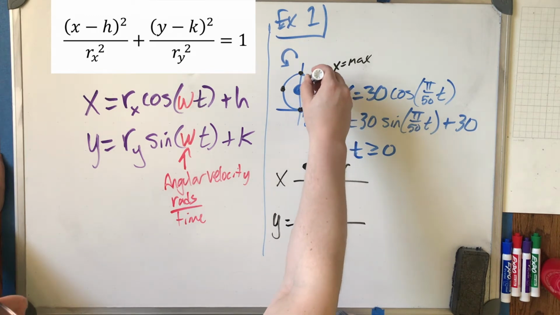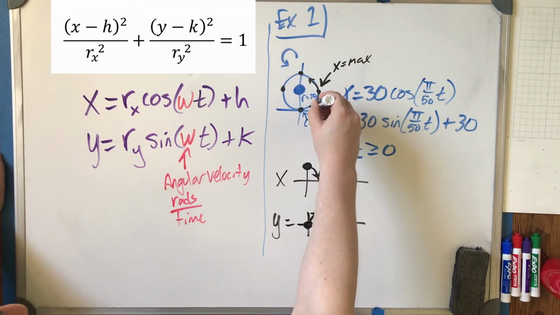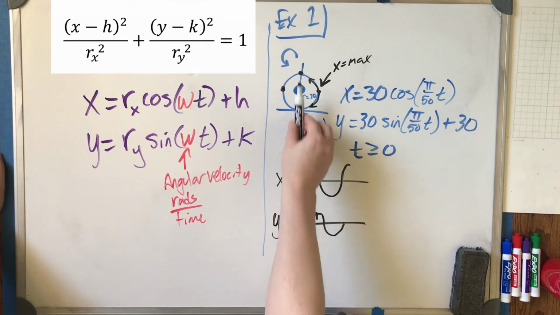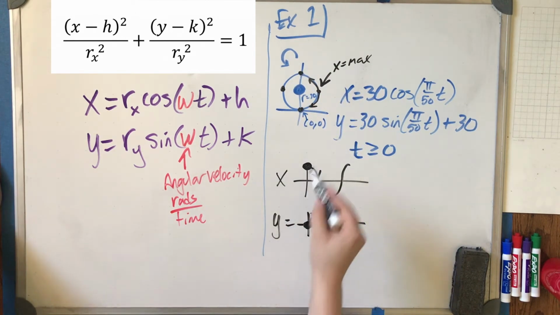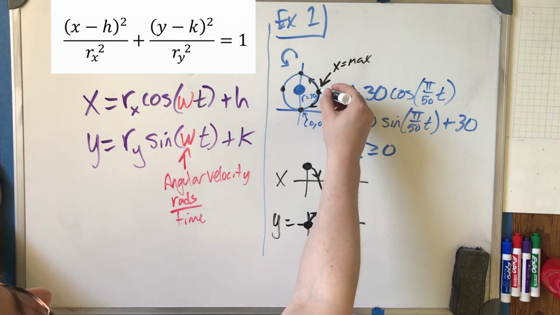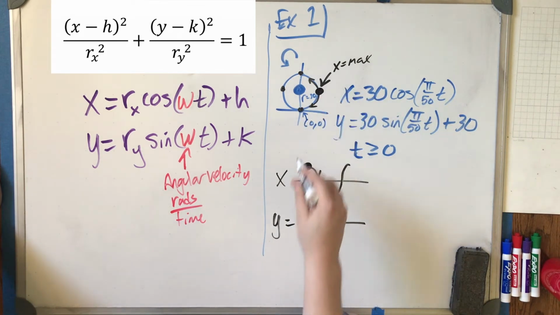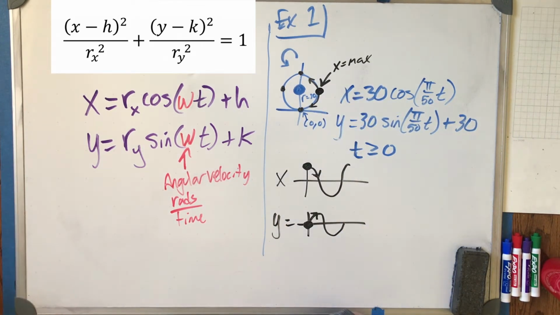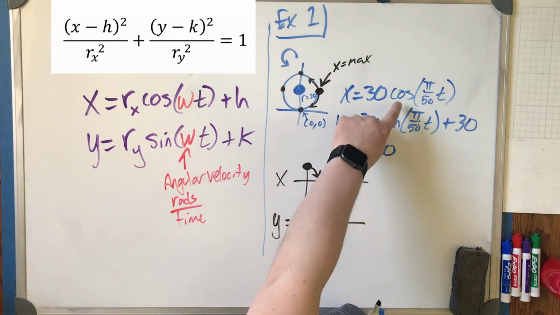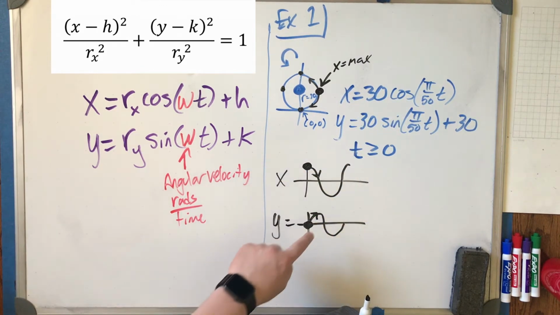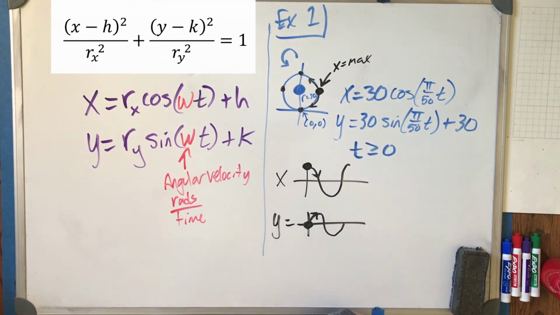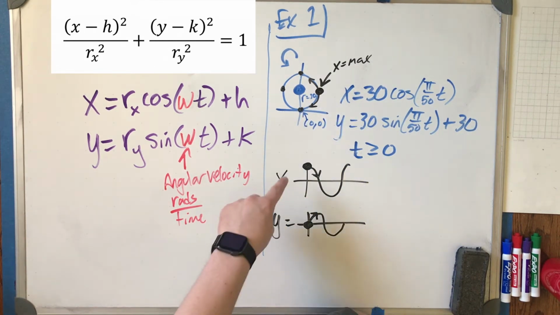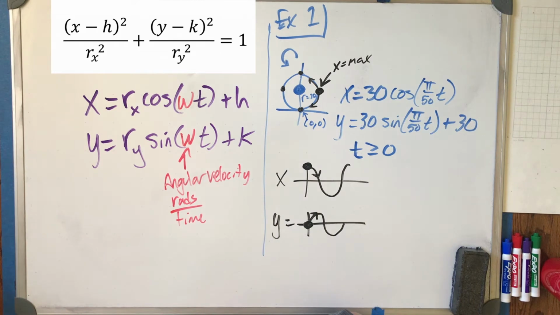If I go in either direction around this circle, the x value is going to be decreasing, heading towards 0, because this is an x value of 0 right there. So we know right now that our equation has us starting right here because it's the only place that x is at a maximum. Since x is modeled by cosine and cosine starts at a maximum, we have to start here. That's the key thing. This x equation told us that we're starting our model right there.